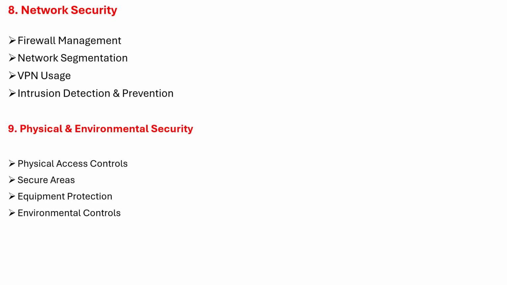Physical access controls, it is a data center control where if anybody wants to visit or any VIP wants to visit, what are the physical access control methodologies you are using. Secure areas, your data center should be in very secure areas, like non-disturbing and all. What are the equipments you are using for protecting the data center?